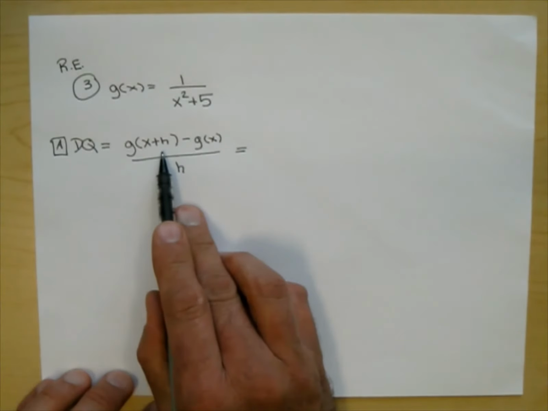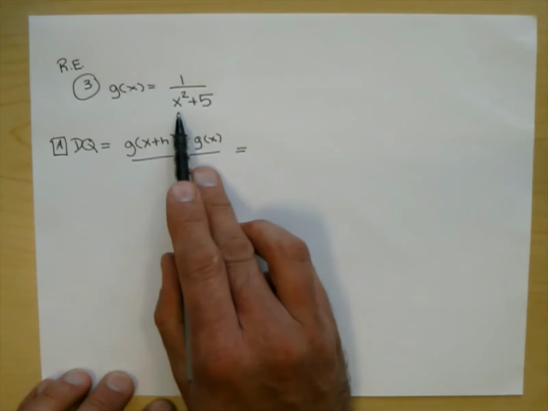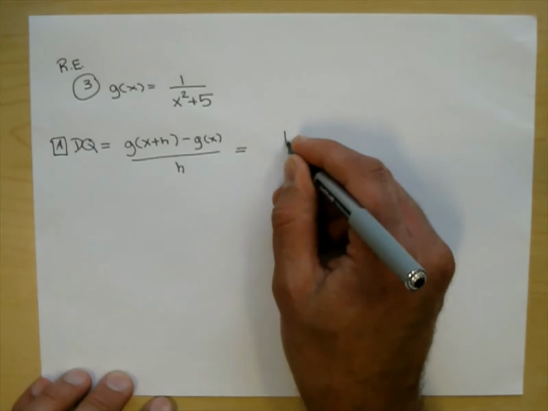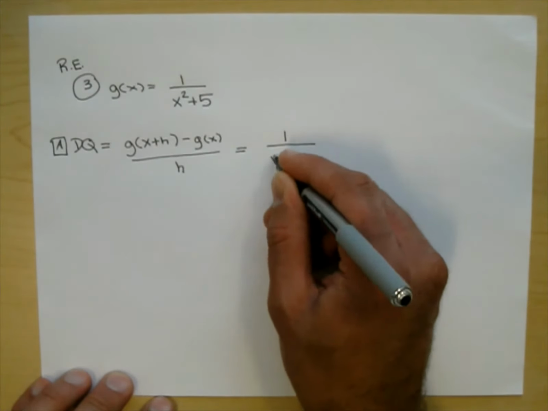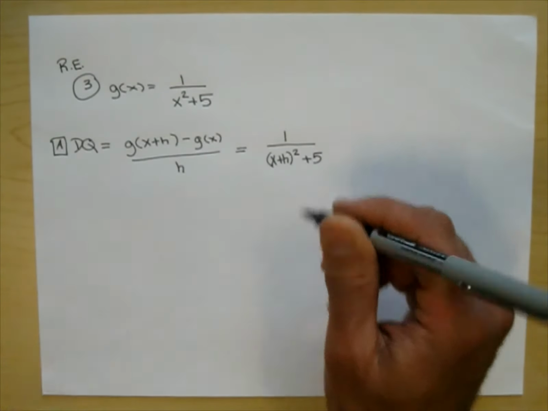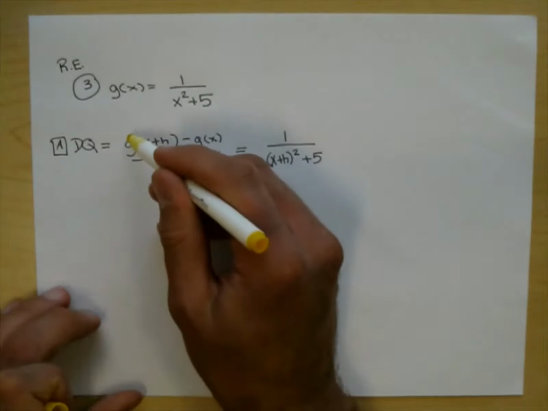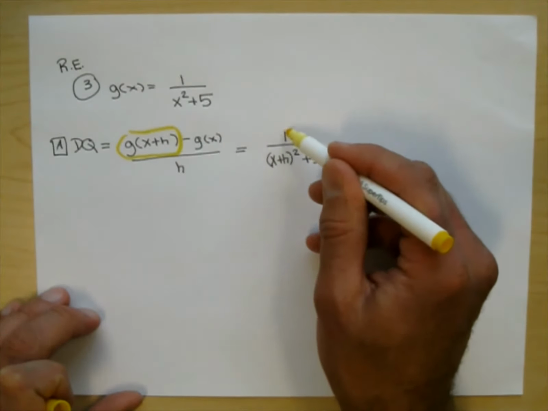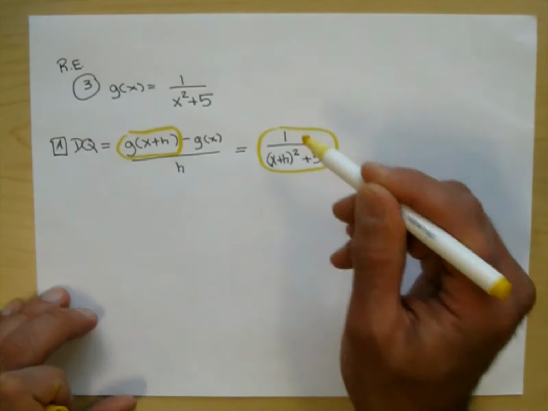Okay, g of x plus h, I put x plus h wherever you see the x. So I have 1 over x plus h squared plus 5. So this first part, we'll color code this, is that part right there.